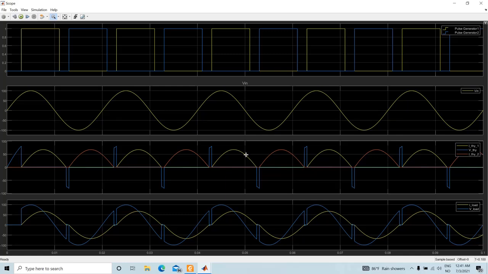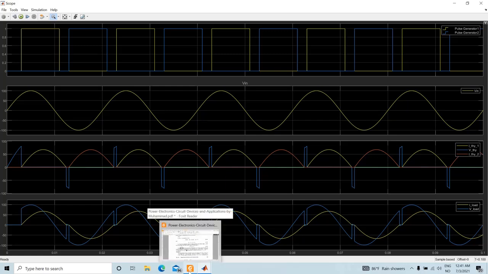After that, T1 will turn off. So thyristor T1 will continue to conduct until the current in the thyristor becomes 0, and this is due to the effect of the inductance.